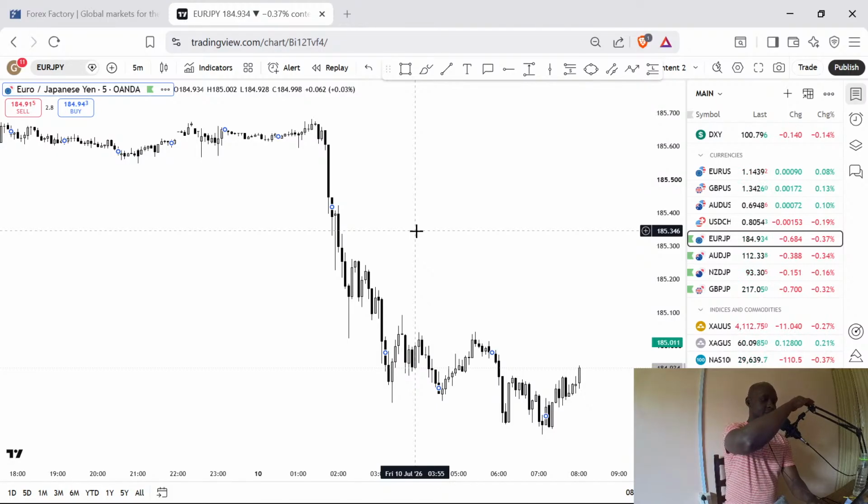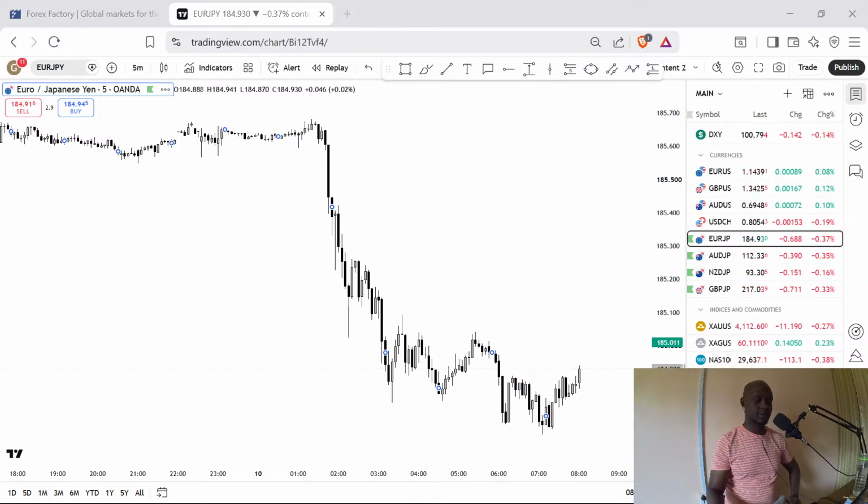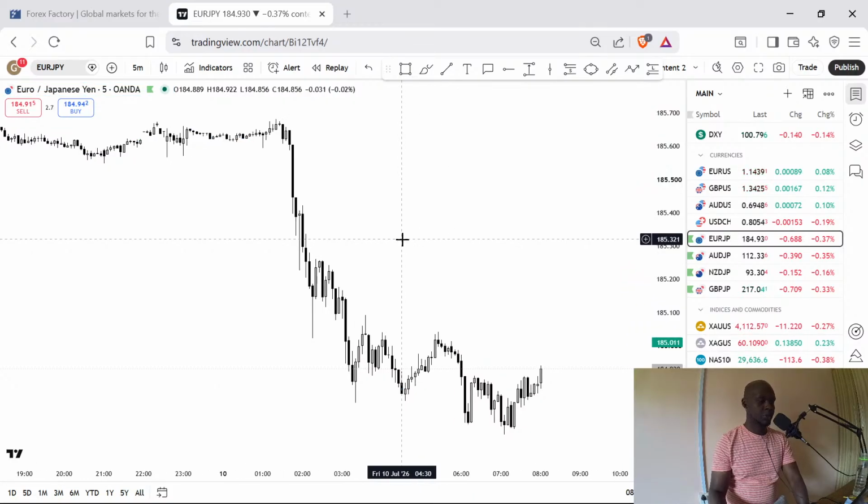I think I can start the breakdown for the yen pairs. So for today, I'm actually looking for longs on yen pairs.